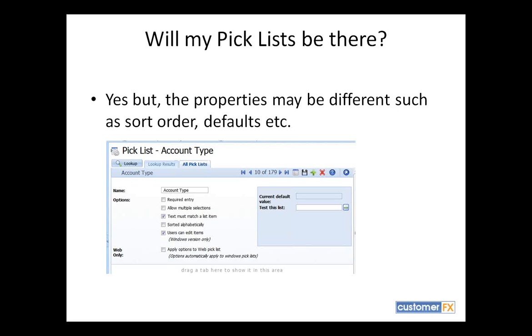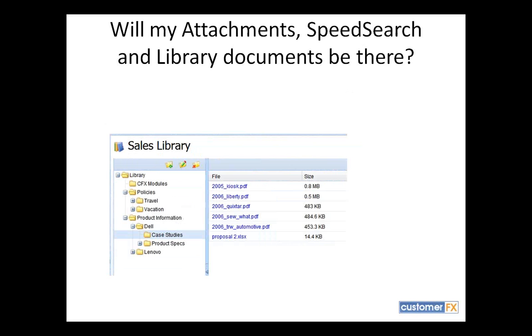So the administrator in the web client can go to the pick list manager, and they will have to configure those properties, if you want to replicate what they're doing over in the LAN client. But all the values are there when the user clicks on the list.